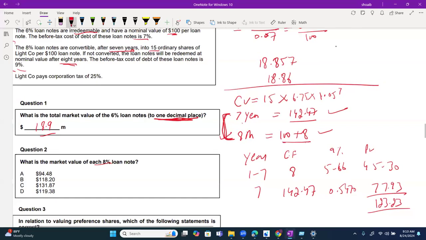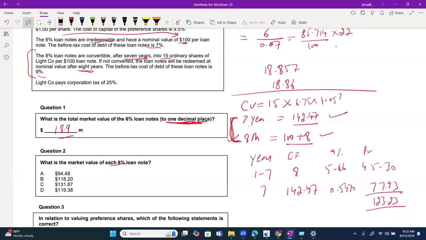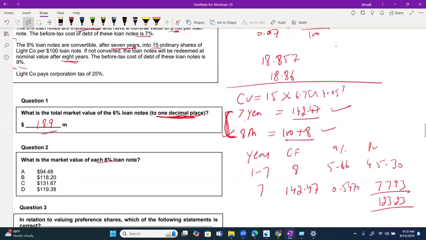What's wrong here? Discount factor is 9%.